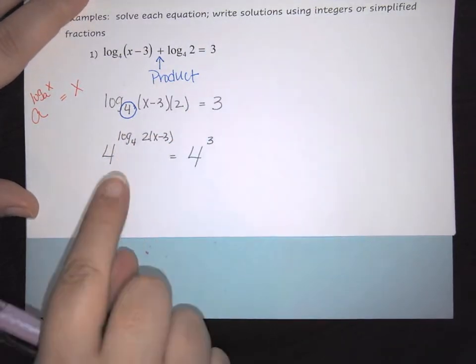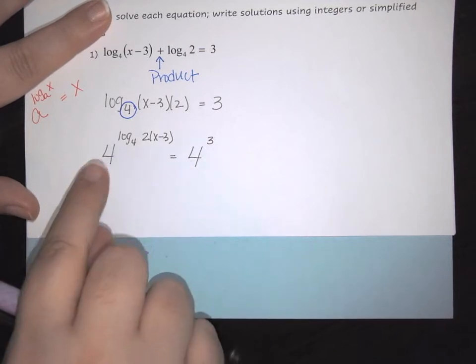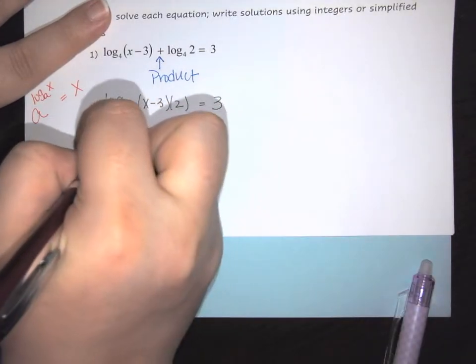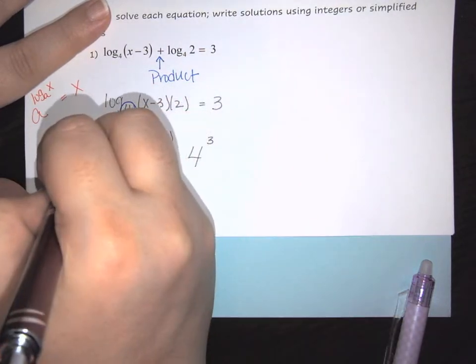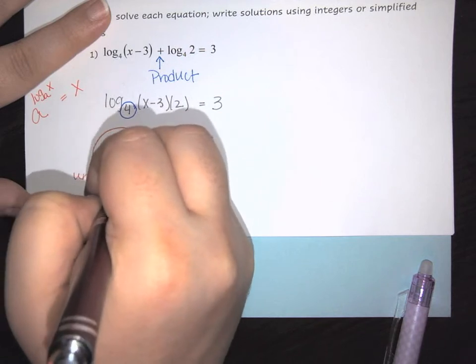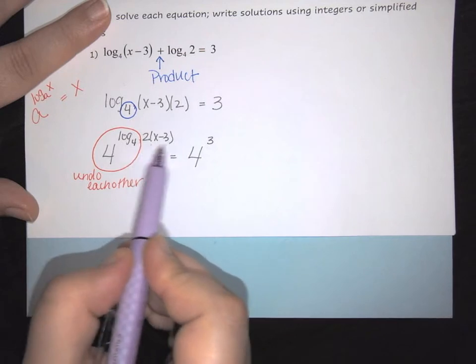What you have to remember is whatever you do to one side, you have to do to the other. So here, 4 to the log base 4, this piece is going to undo each other, and it's going to leave behind the extra stuff.